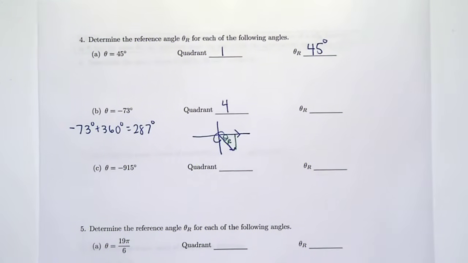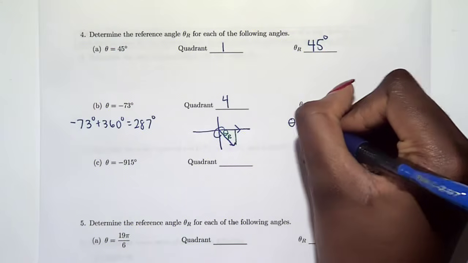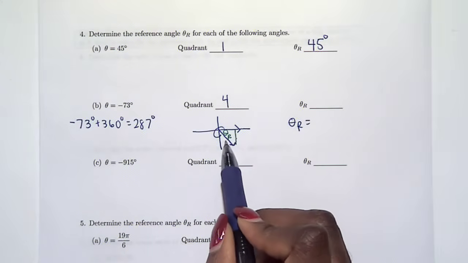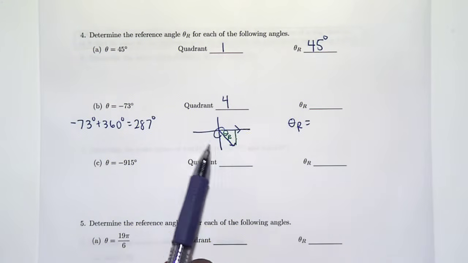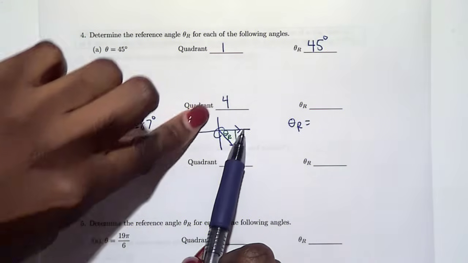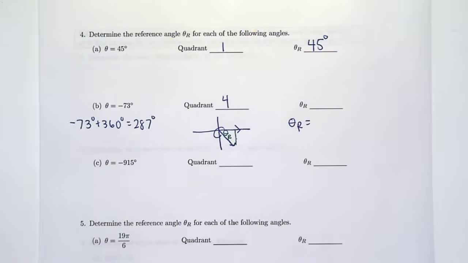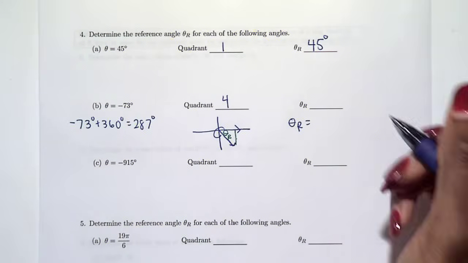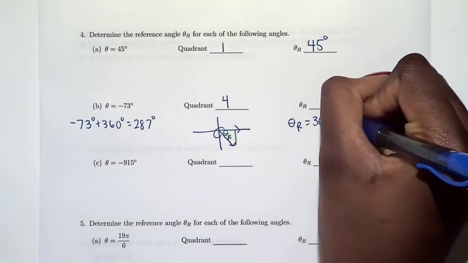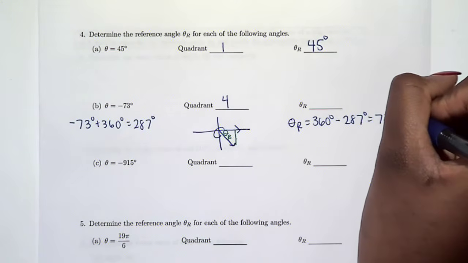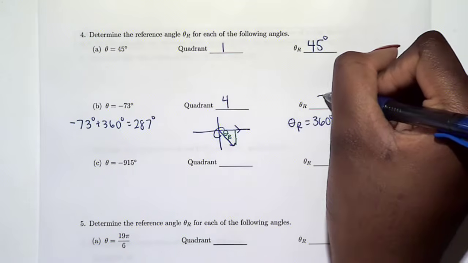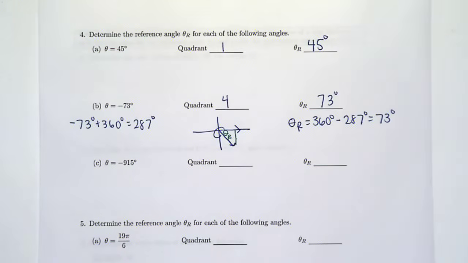The question we're asked now is, what is that little reference angle? How do we find it? We take our full 360, subtract the 287, and we're left with our reference angle. 360 degrees minus 287 degrees is 73. So positive 73 degrees is our angle. It's an acute angle. That's our reference angle.